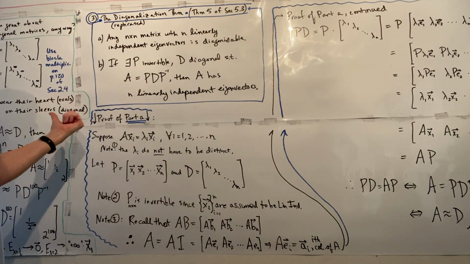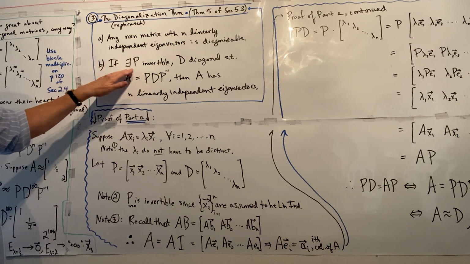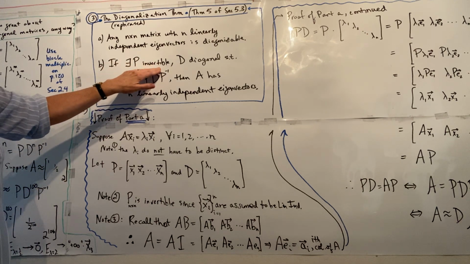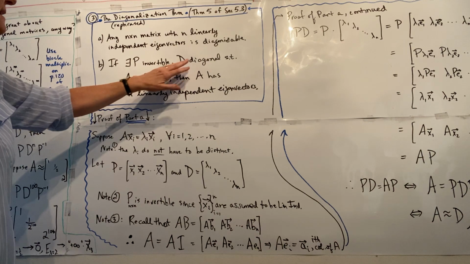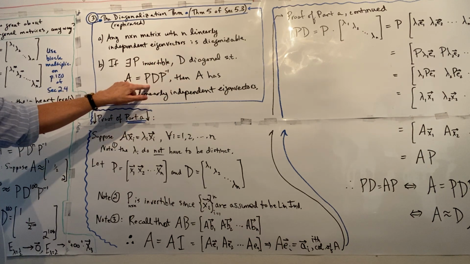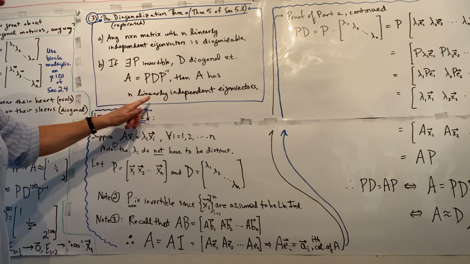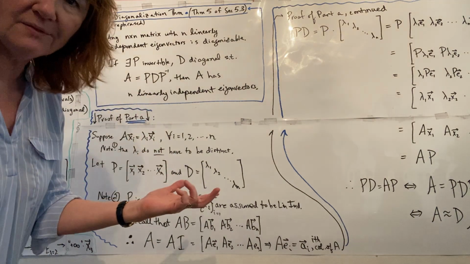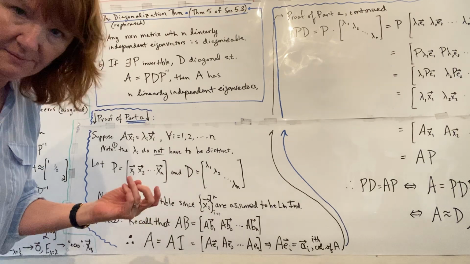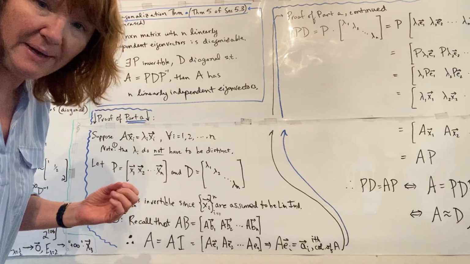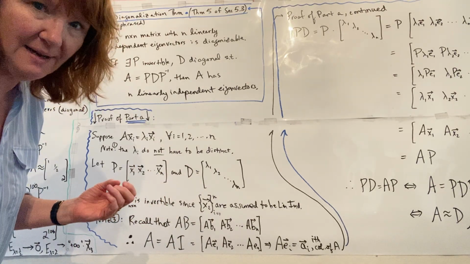The other direction is that if there is an invertible matrix P and a diagonal matrix D such that A equals PDP inverse, or that A is similar to D, then A has n linearly independent eigenvectors. Well, you could go off and make a basis with one of those, the best kind.